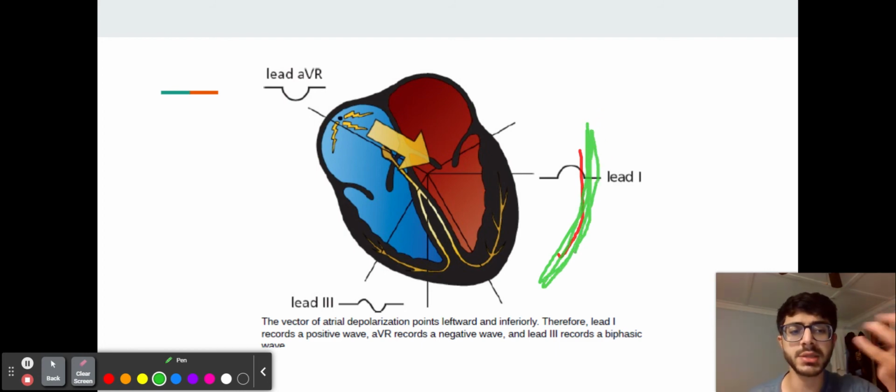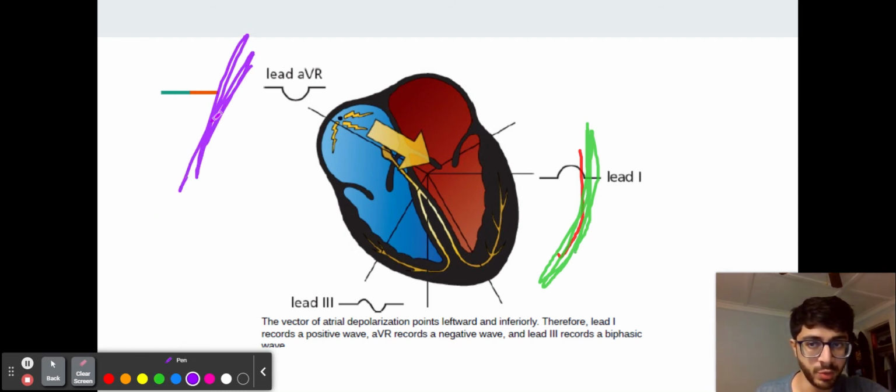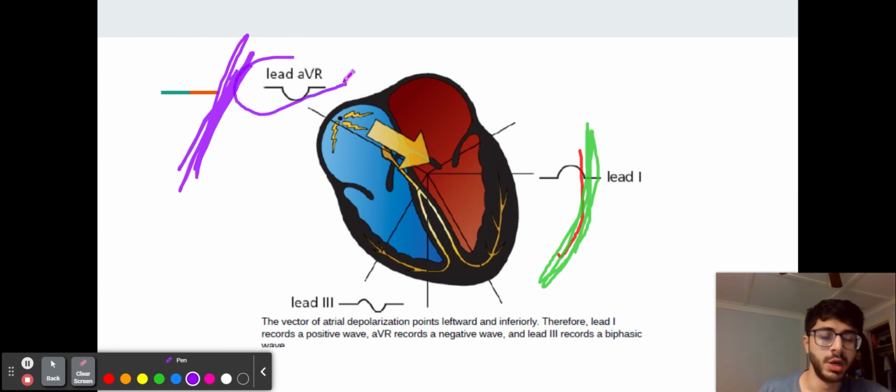That's what you're going to expect, because the electricity is coming towards these leads. Any lead that's up here, and the only lead that you'll notice up here is AVR, even in the diagram that we drew previously, will show a negative P wave. That's what we should expect. If the P wave is positive in AVR, that means something is really wrong. That means your electrodes are wrong, or there's something really wrong with the heart.